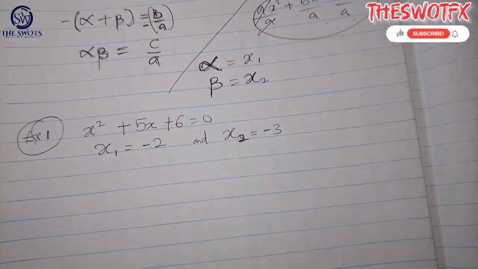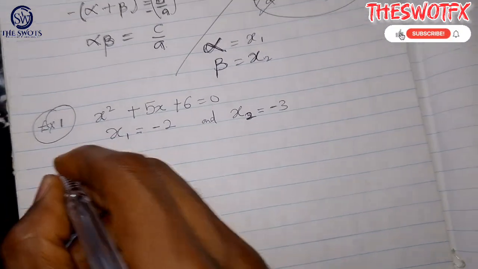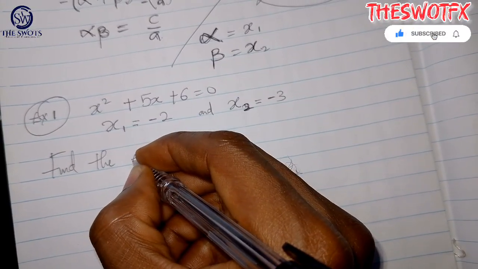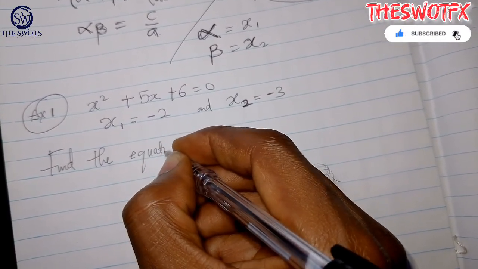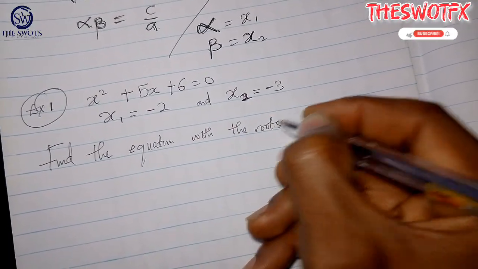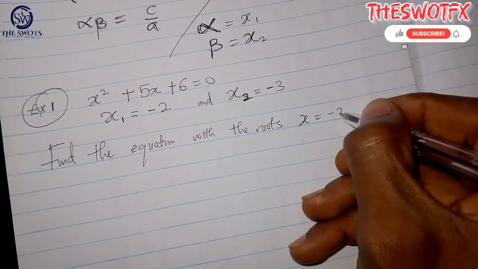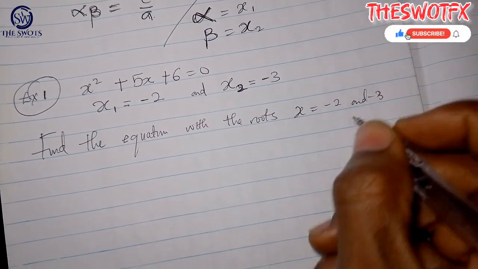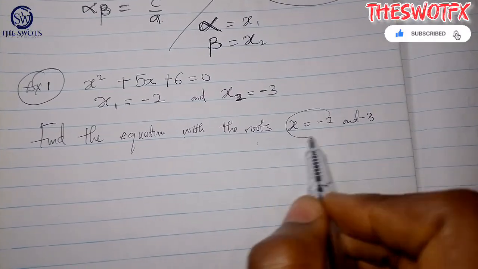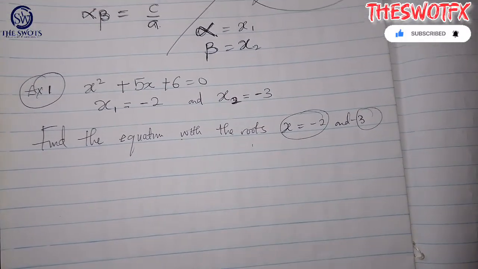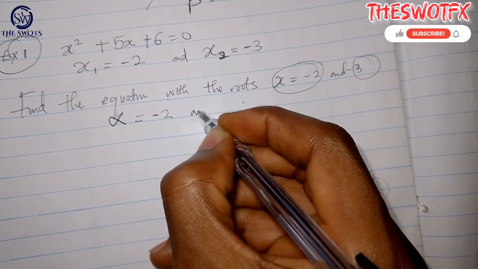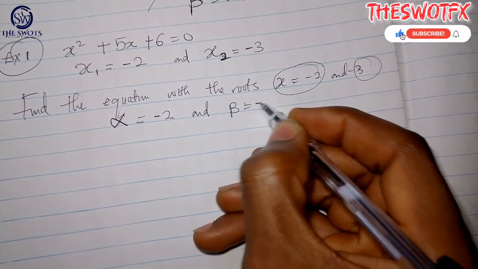Most times questions come in this form: find the equation with the roots x equals minus 2 and minus 3. This is trying to tell us that we should derive the equation that has these as their roots, meaning that alpha is minus 2 and beta is minus 3.